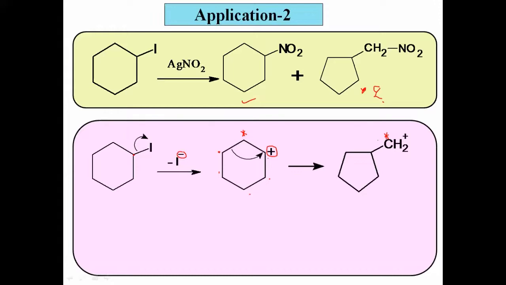This is just a specific type of rearrangement reaction. Now there is the formation of this 5-membered compound having a CH2 group outside the cycle, and that CH2 has a positive charge. This carbocation further reacts with AgNO2, meaning there is an attack of the NO2 minus nucleophile on that carbocation, and there is a formation of this unexpected compound, CH2NO2.